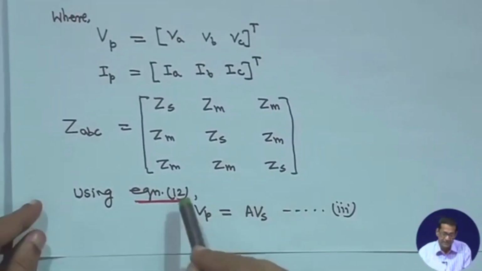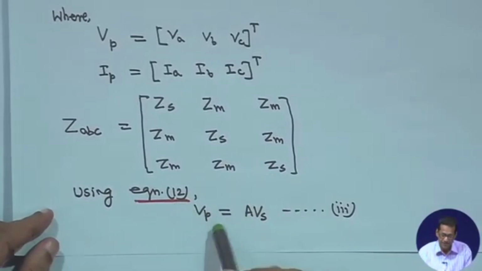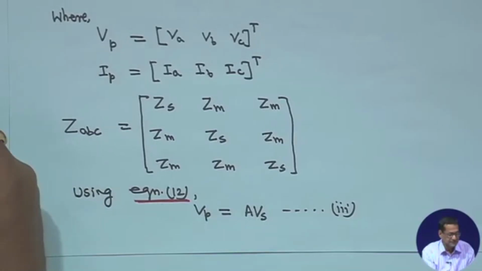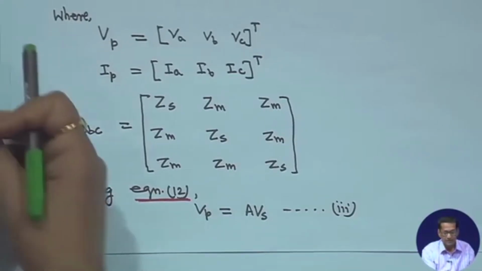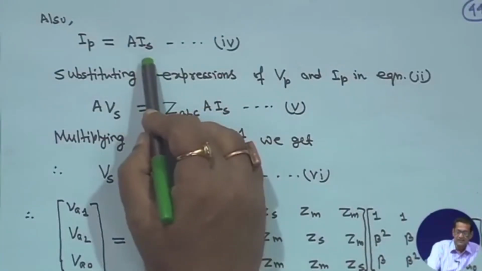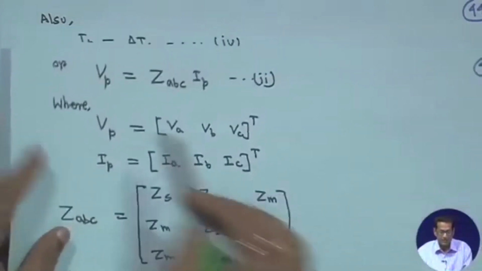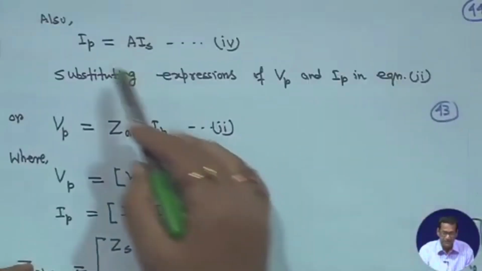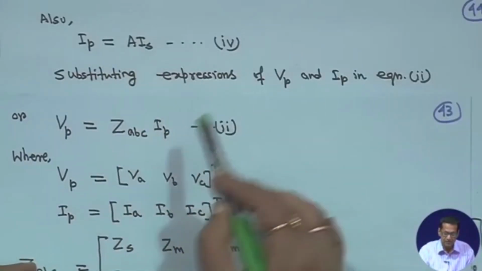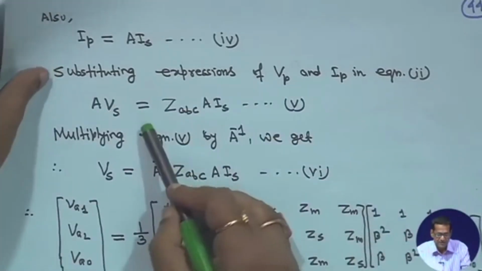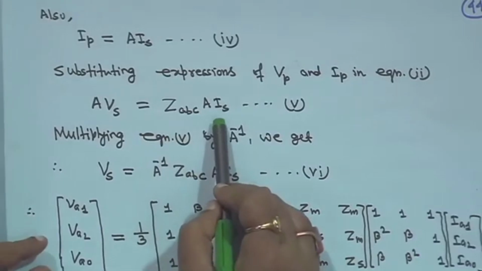Therefore, the same relationship we go back to equation 12, there Vp is equal to A Vs and Ip is equal to A Is. Now you put A Vs in place of Vp, and A Is in place of Ip. Then A Vs will become ZABC into A Is.